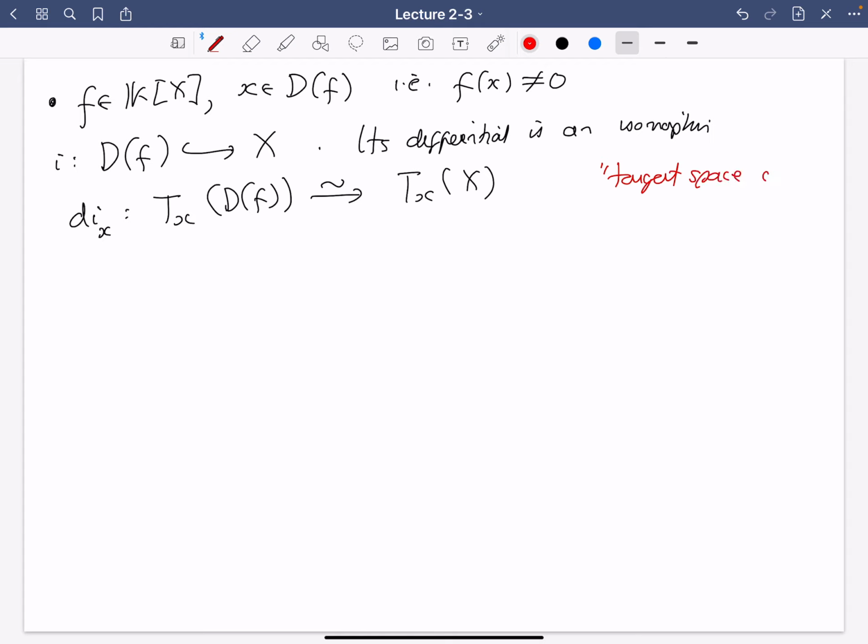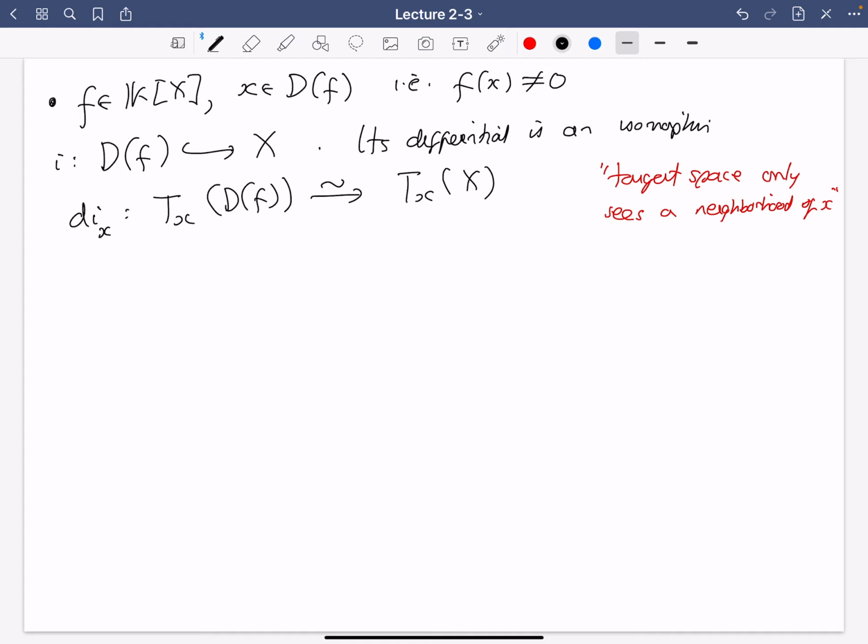It's a local thing passing to tangent space. So that's exactly what this statement captures for you.